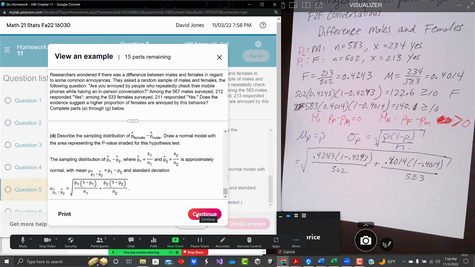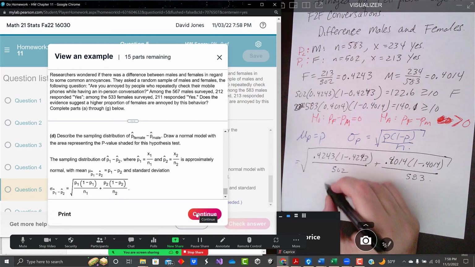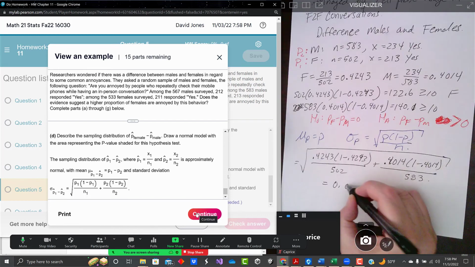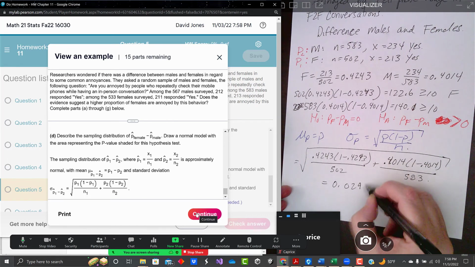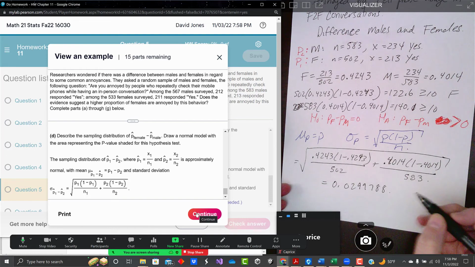Plus, square root of the answer. I am getting 0.02998788.